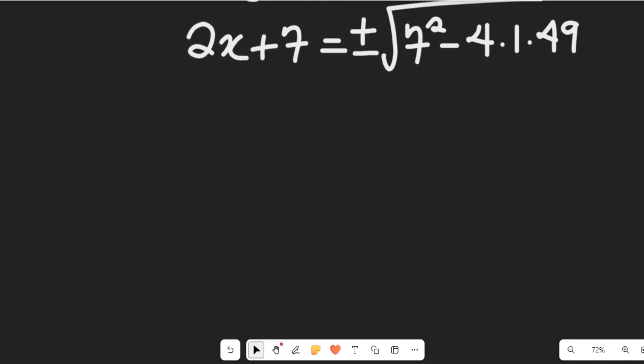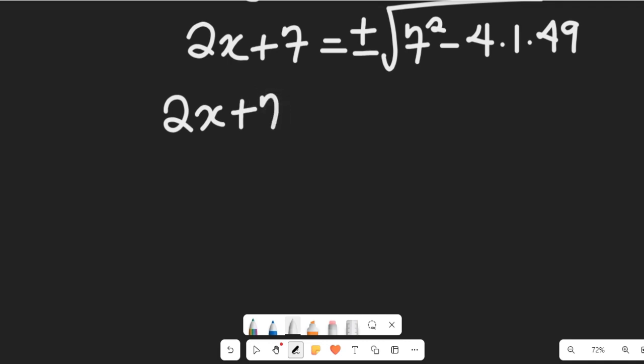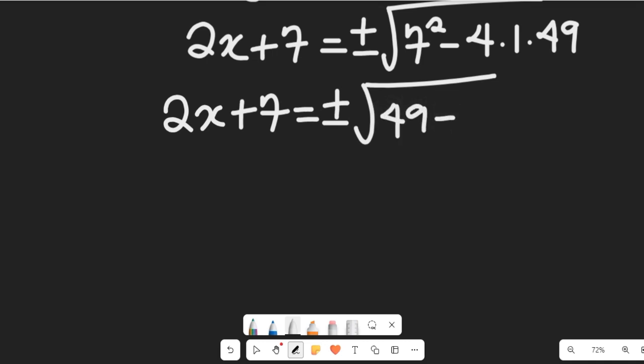Great. Now that expression is going to give me 2x plus 7 equal to plus or minus the square root of 7 squared, which is 49, minus 4 times 49, which gives me 196.